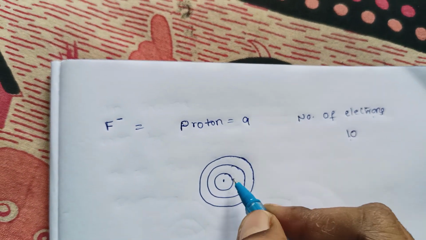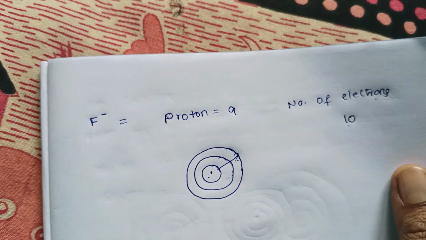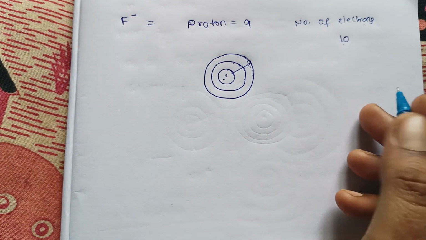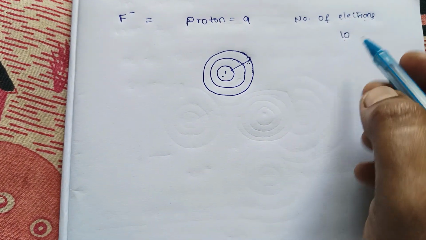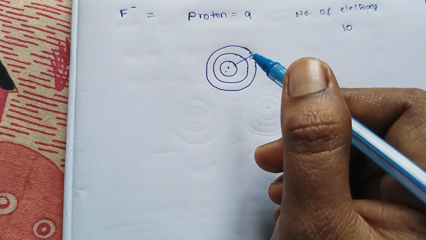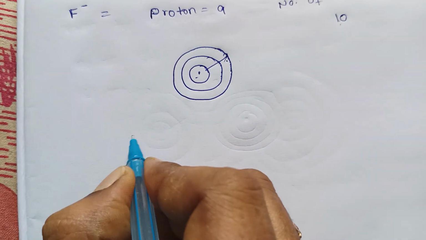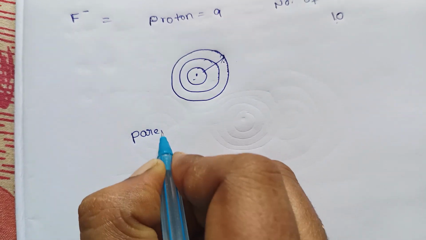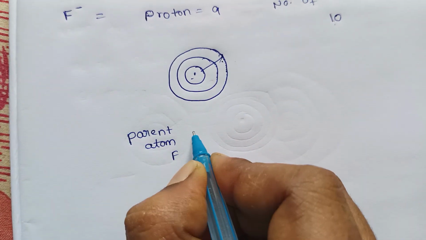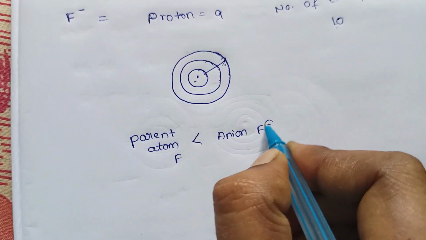If electrons move away from the nucleus, the size of F minus increases. The ionic radius of F minus increases because it moves away from the nucleus. Here we conclude that the ionic radius of the parent atom is less than that of the anion, meaning the F minus ion.